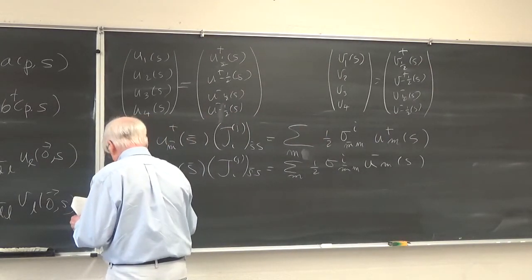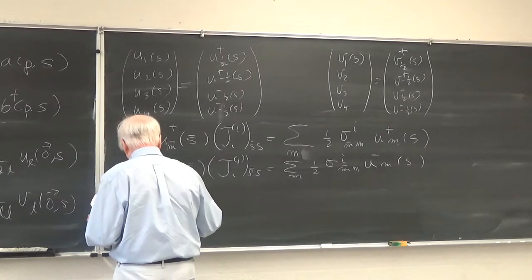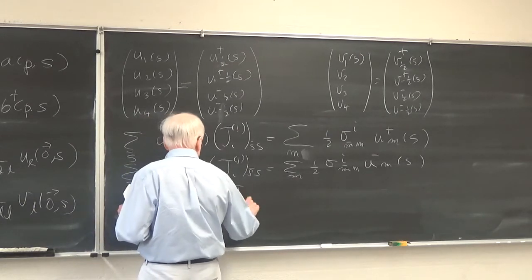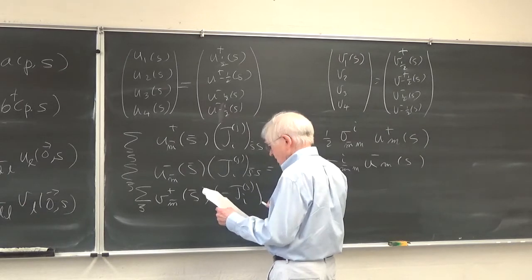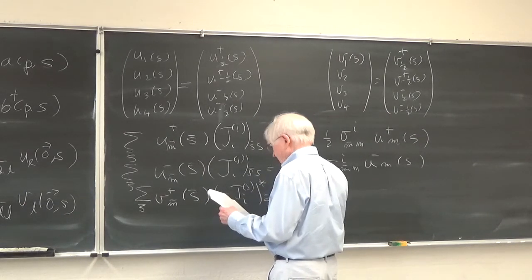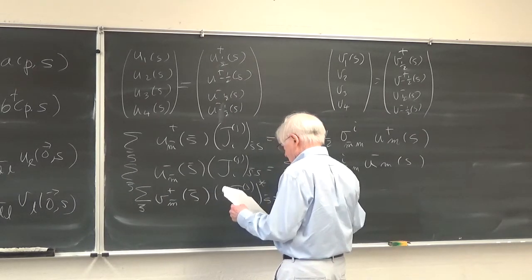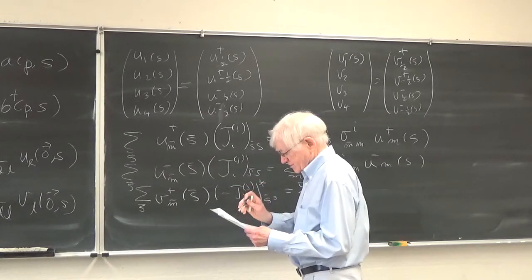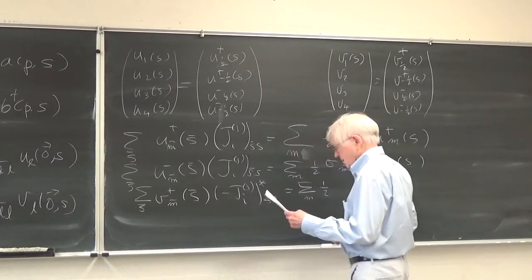Here we've got a sum over S bar, V plus M bar of S bar, and here we have minus J_i of J star S bar S equals sum on M here. So I see I've got a couple of typos there.